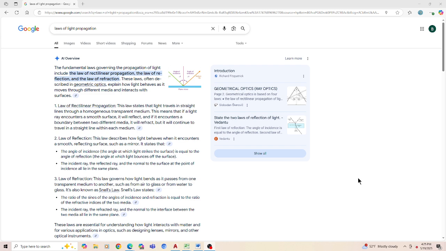Of course, the law of rectilinear propagation. The law states that light travels in a straight line through a homogeneous, transparent medium. Okay? This will be challenged, of course, because someone will say there's never a truly homogeneous, transparent medium.